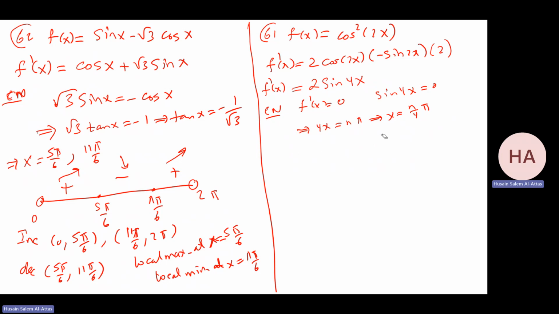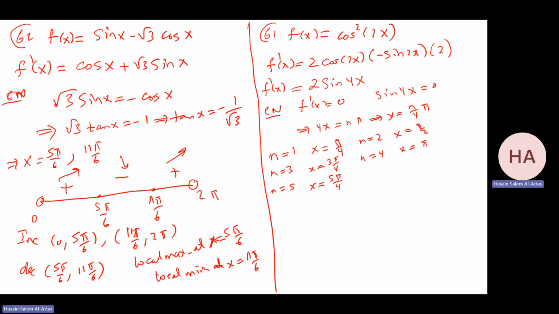I will start with n equal 1: x equals pi over 4. n equal 2, x equals pi over 2. n equal 3, x equals 3 pi over 4. n equal 4, x equals pi. n equal 5, x equals 5 pi over 4.